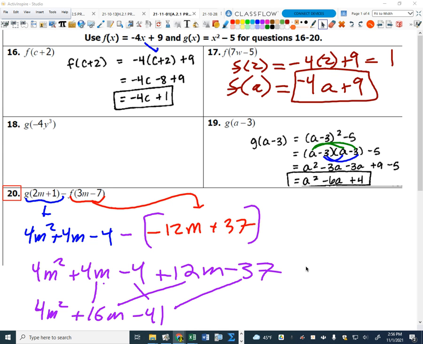Evaluating functions. Just keep in mind when you see crazy stuff like this, where you're inputting variables into functions instead of just inputting numbers, you're following the same patterns and rules that you do with numbers, right? When we evaluate a function, let's get phones away, please. When we evaluate a function, the function tells us what the rule is for treating inputs. For example, f of x is negative 4x plus 9. So when I input an x, I'm multiplying by negative 4 and adding 9.